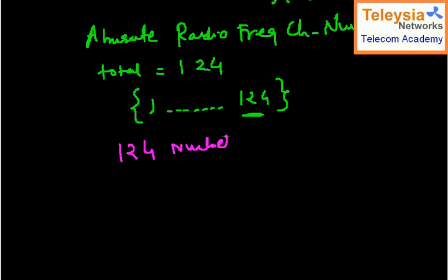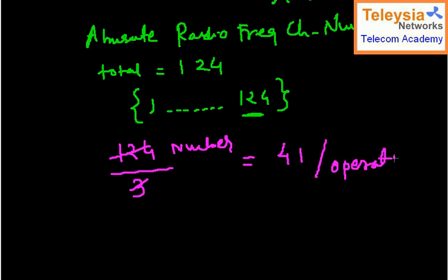If we divide between the 3 operators, we get approximately 41 frequencies per operator. And if I am one of the operators, I have 41 frequencies available with me.